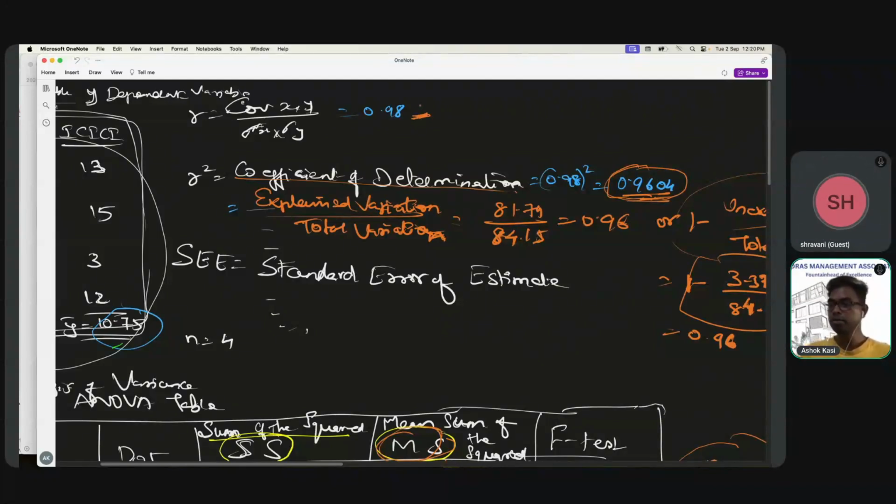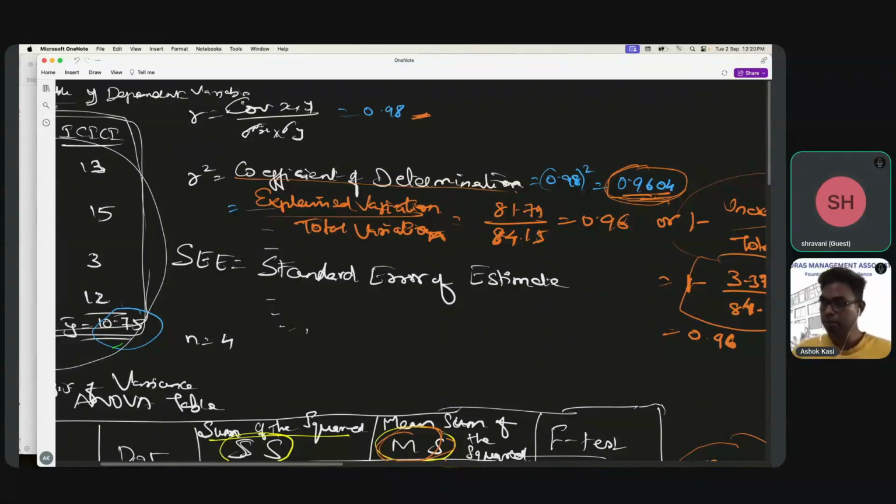Probability cannot be in minus. That's why I'm squaring it. So now I can say 96% of the time, whatever happens in Y, 96% is explained by X.